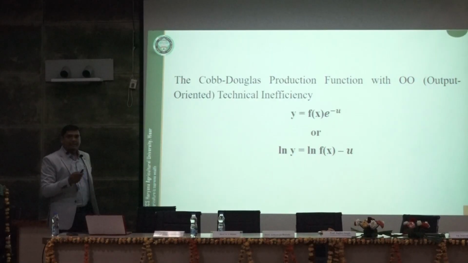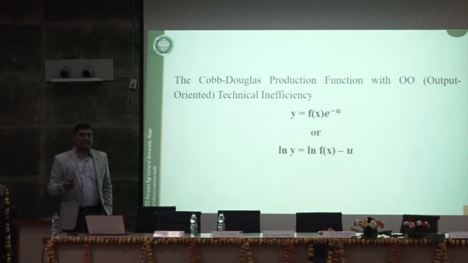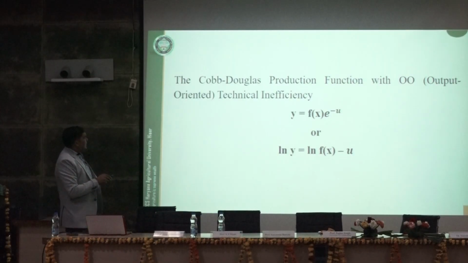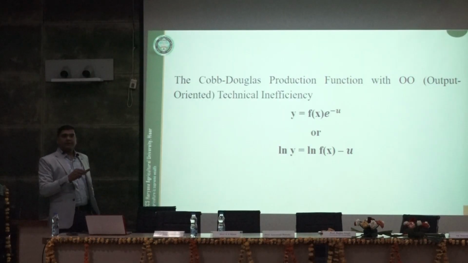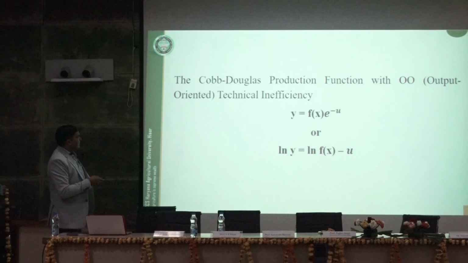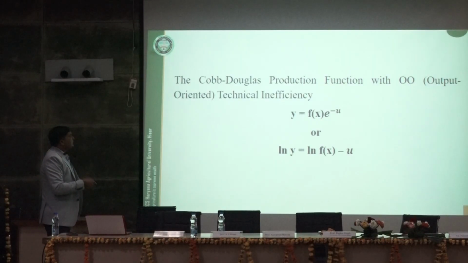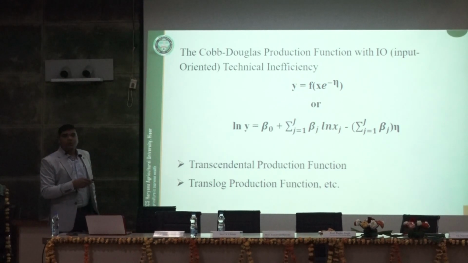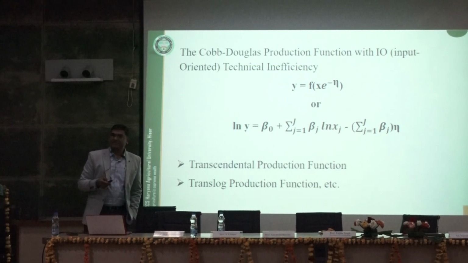There are two types of inefficiency, output oriented or input oriented. So this is the form of the Cobb-Douglas function in case of output oriented inefficiency. And this is the production function with input oriented inefficiency.